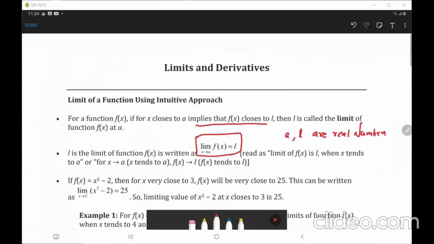So the definition is given there. Any question? Can I continue?